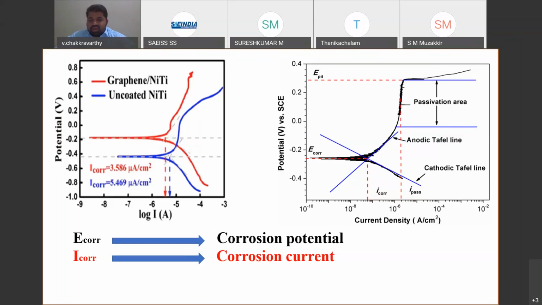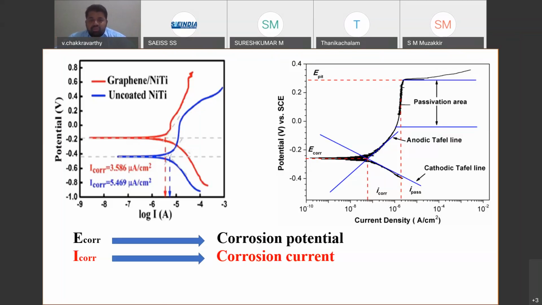We will be generating a graph, and graphical values like ECOR and ICOR will be provided. ECOR is nothing but the corrosion potential, and ICOR is the corrosion current. Generally, if a material is said to be corrosion resistant, then the ECOR value should be higher and the ICOR value should be very less.